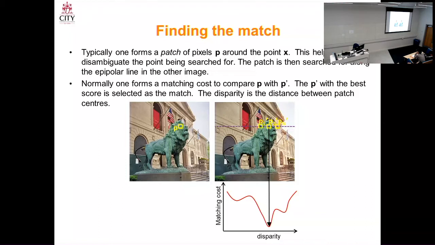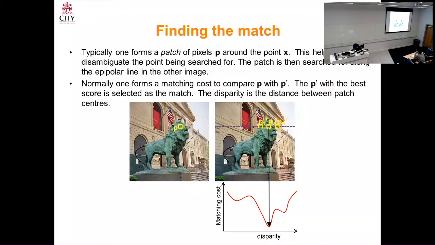And I can compute some measure describing how well these patches match. There are loads of different measures, and I'll cover those on the next slide. But the idea here is to find the patch that optimally matches the one on the left side.